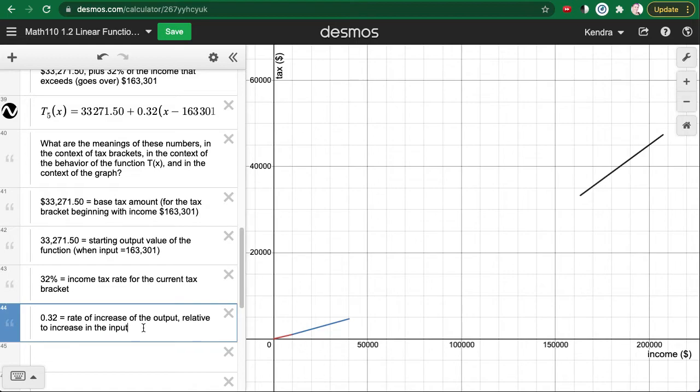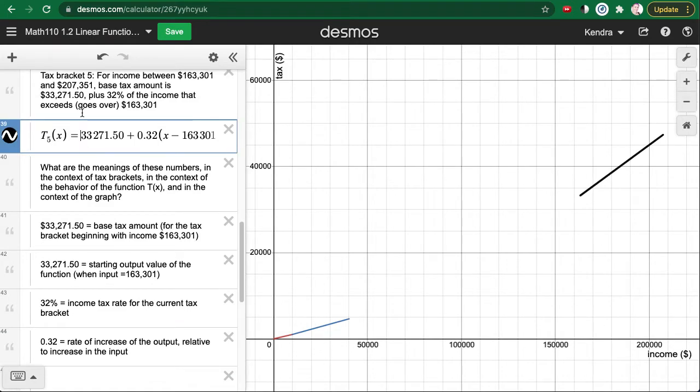It's worth looking at all of these parts of this function. So this piece is our starting tax amount. It's the starting output value. This is my rate of increase. And this whole piece here is how much my income has changed, the difference of where I am now versus that starting base income level.